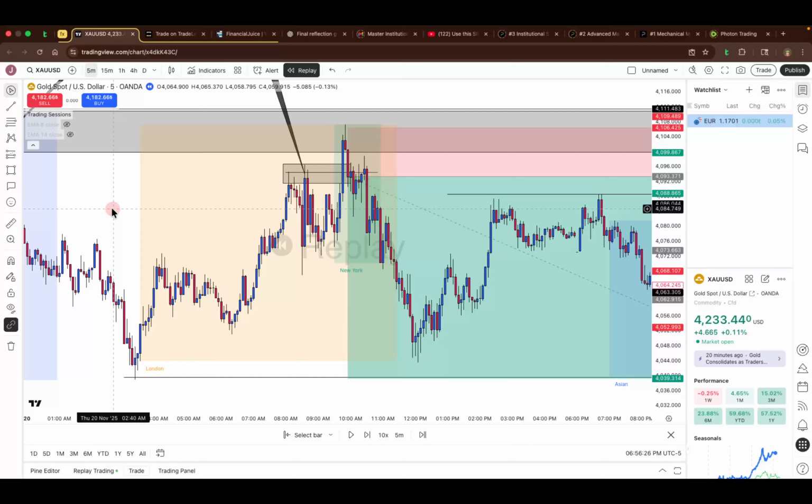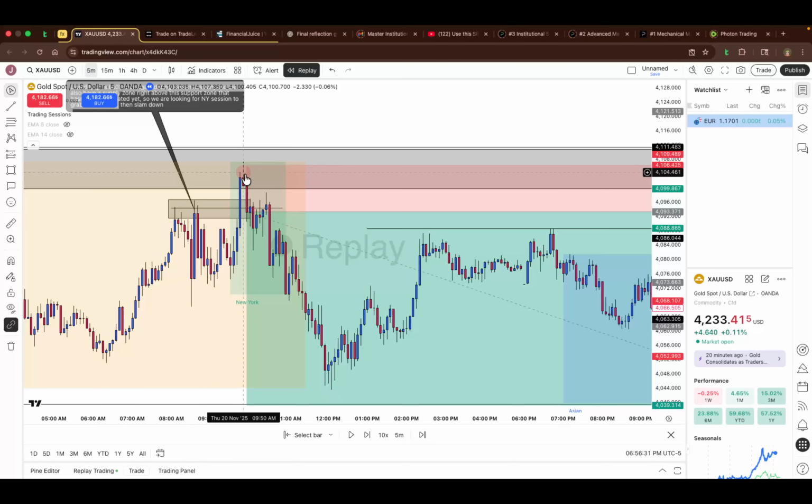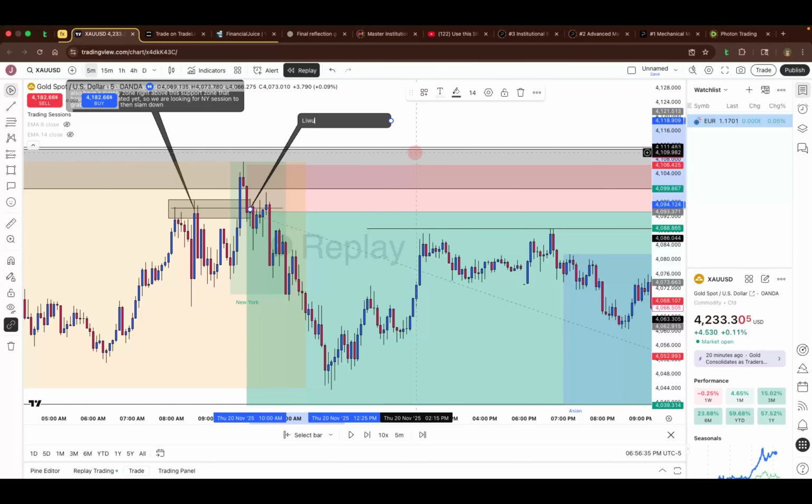So we see price grab liquidity, and what do we see again? Liquidity is grabbed. We see a strong rejection is what we always want to see. This is repeatable. Same thing happened 3 times in a row.